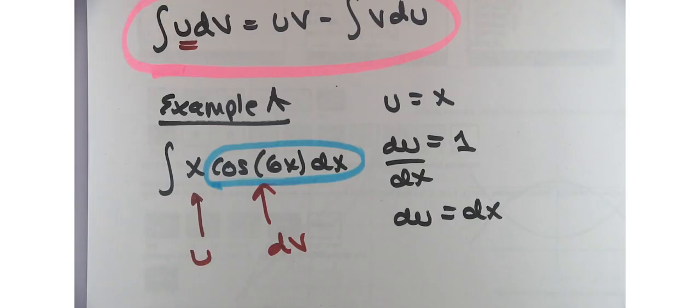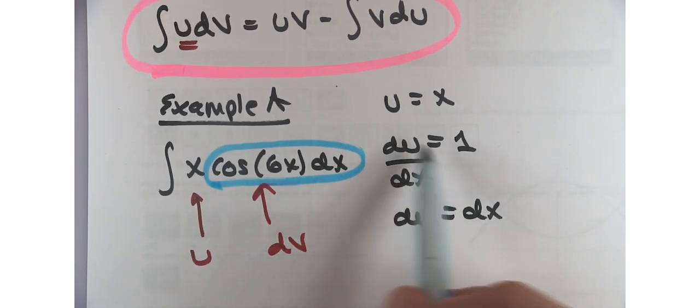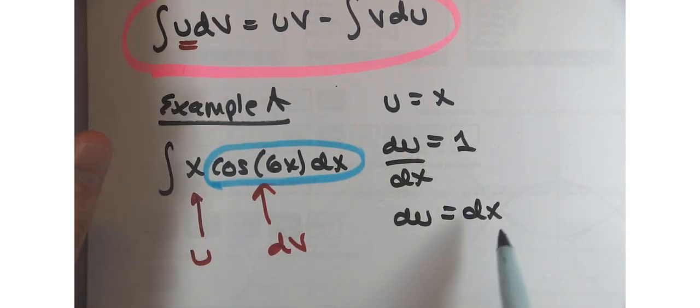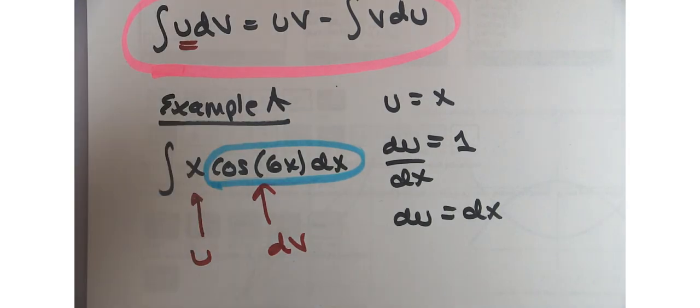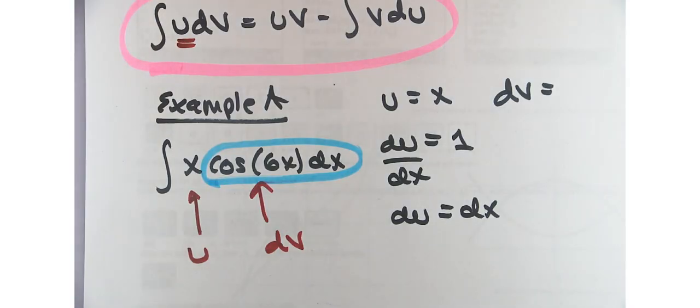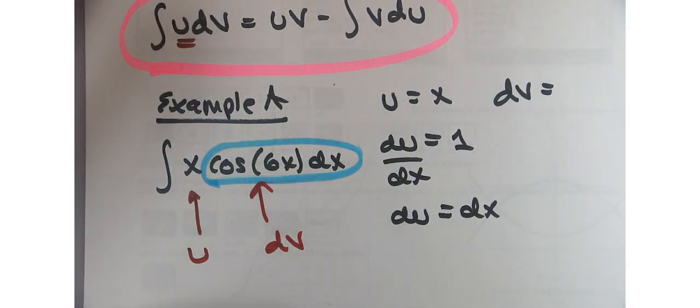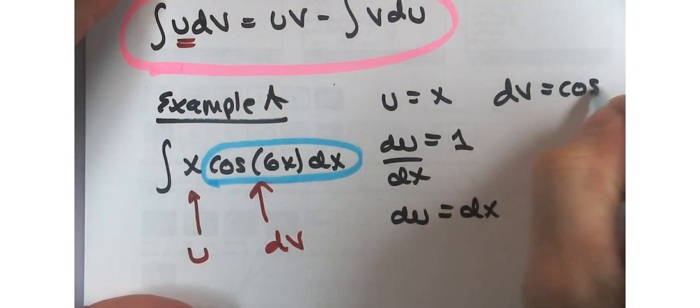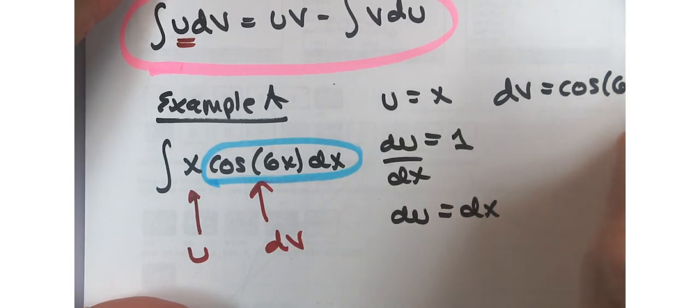And that's probably the last time I'm going to show this little middle step here. I'm just going to jump to this. On the other hand, I've got dv equals cosine of 6x dx.